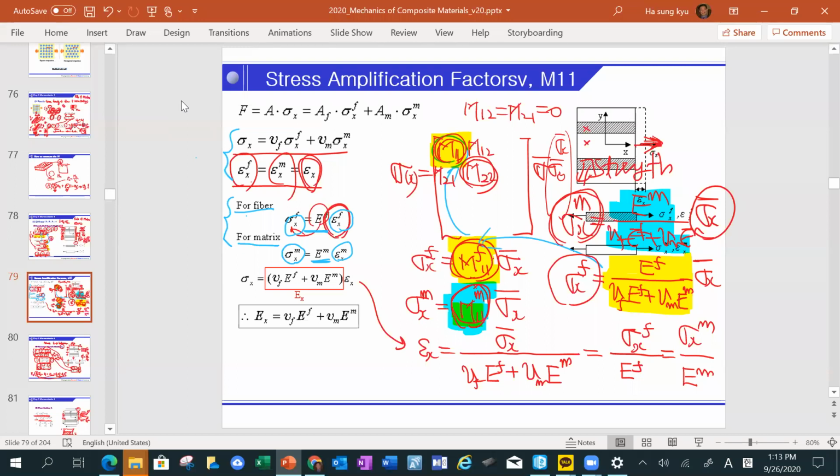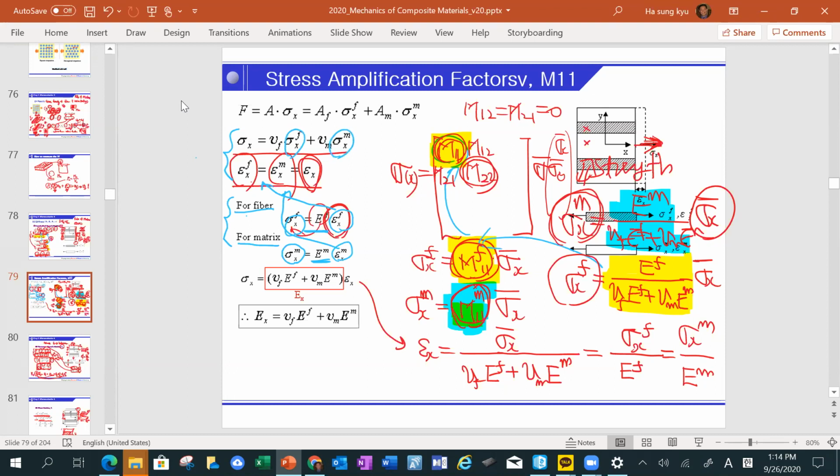These go in here, and the fiber stress and the matrix stress go to here.